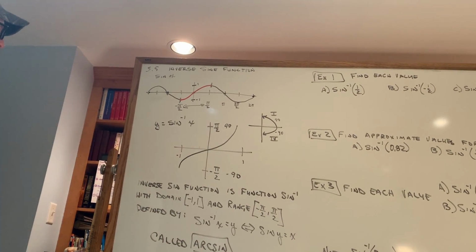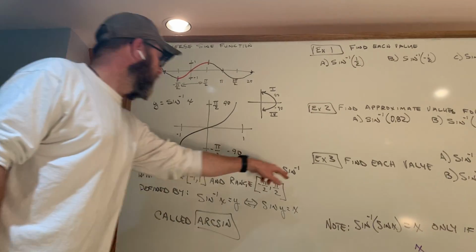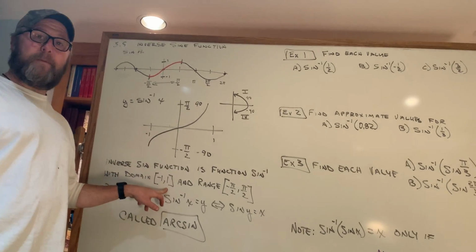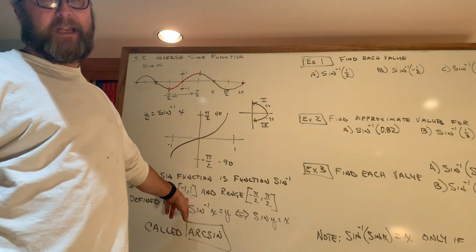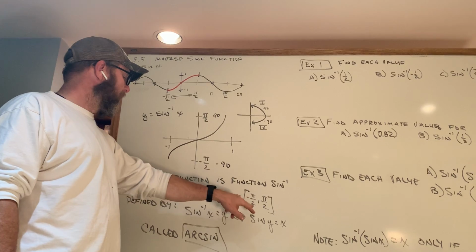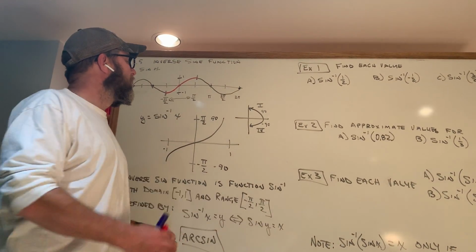So the definition: the inverse sine function is the function sine raised to the negative 1 power with the domain from minus 1 to 1. Remember, the inputs are only from minus 1 to 1, inclusive, because I can get 90 degrees out of this. And a range from negative pi over 2 to pi over 2, a range from negative 90 to 90.